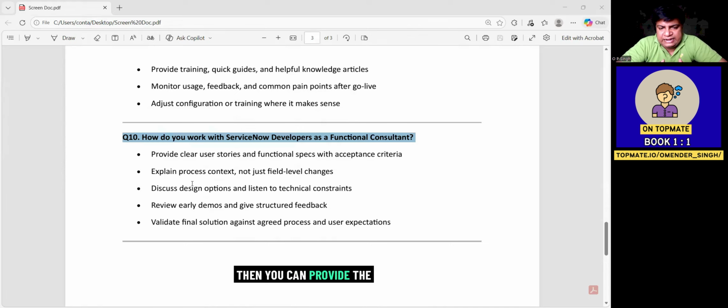Then you can provide the process context, not just a technical instruction to the developer, so that the developer can also contribute somewhere. It's not just adding a field; why you are adding that field, what is the context behind that.